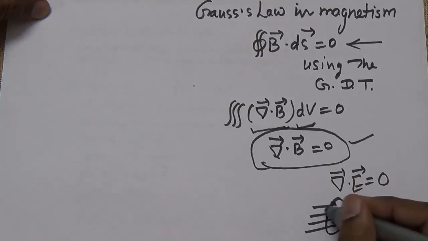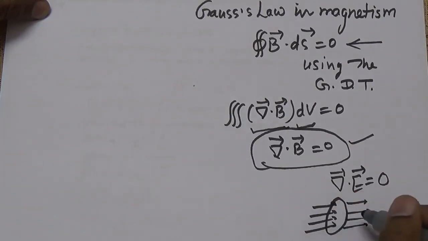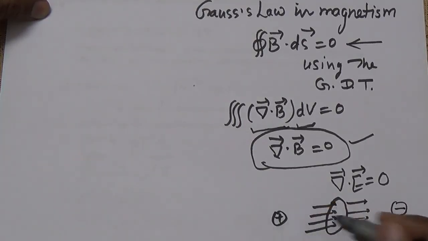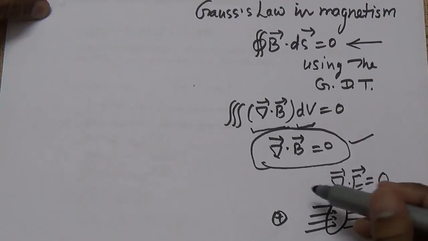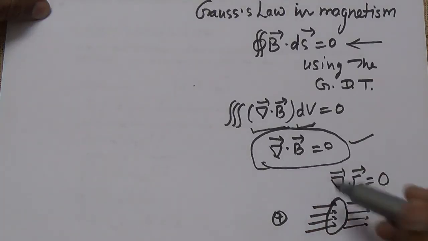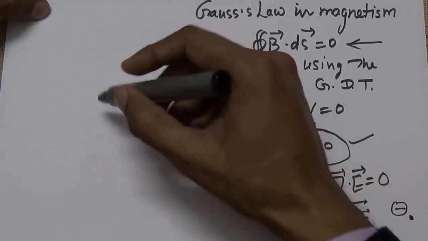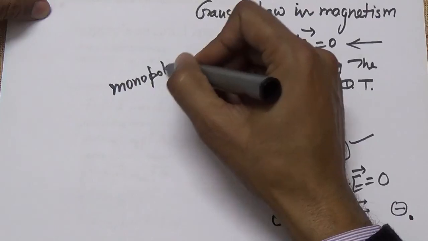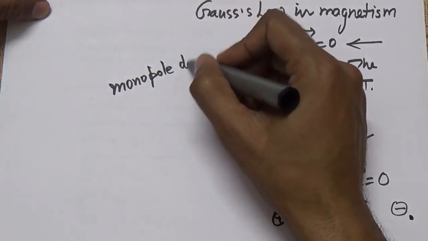If the flux enters through this open surface, it reaches up to the negative charge. It starts from the positive charge and reaches up to the negative charge. So on the basis of this equation, when divergence of B is equal to 0, it means that a monopole does not exist.